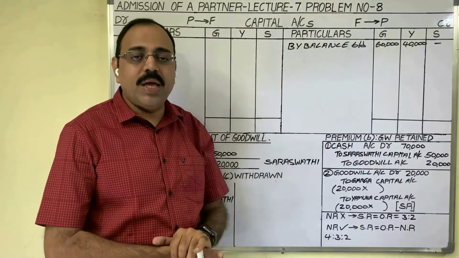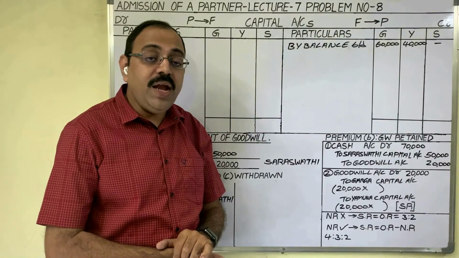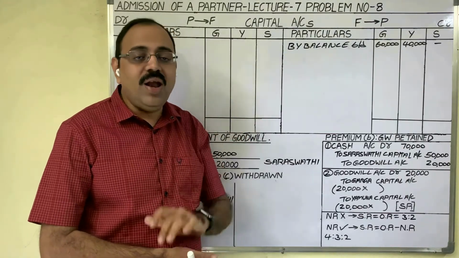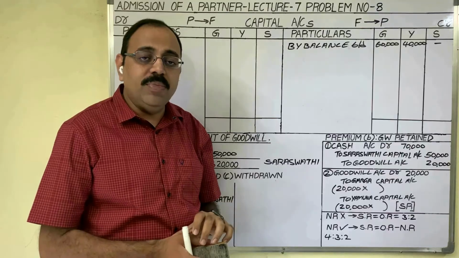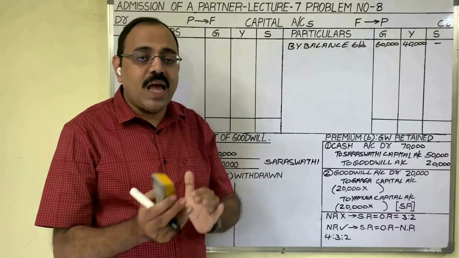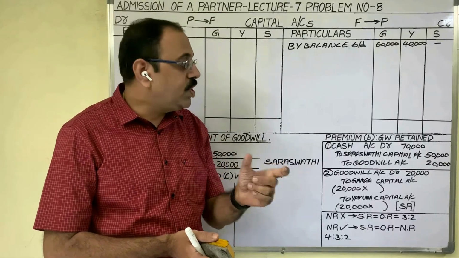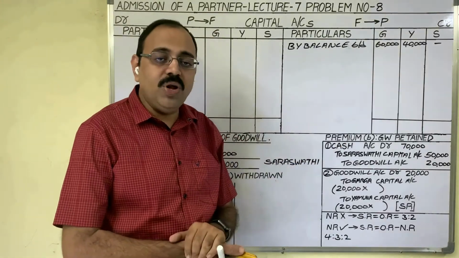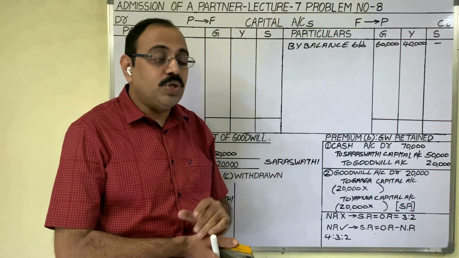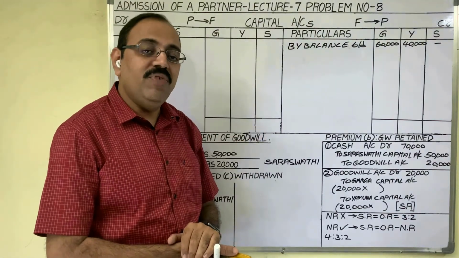After writing the opening balance, next we should write the revaluation profit or loss. In this problem, in the revaluation of assets and liabilities, we got a profit. That profit we transferred to the old partners' capital accounts. That amount we should show in the capital accounts. Which side?